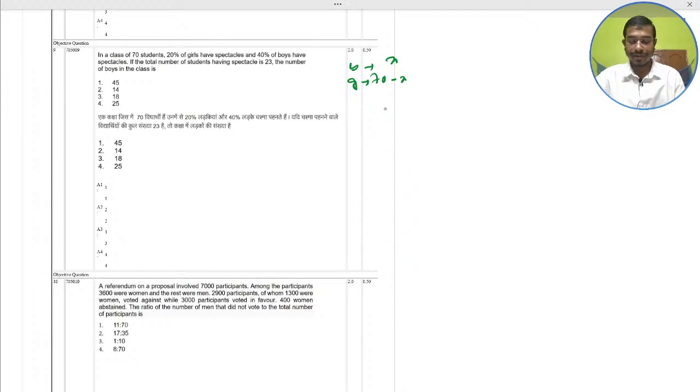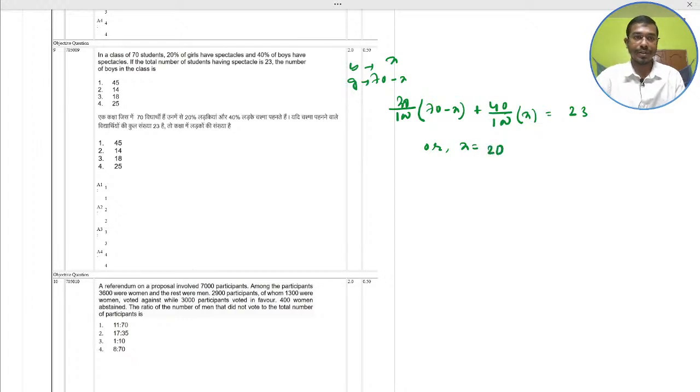So according to the question, 20 by 100 of the girls plus 40 by 100 of the boys is the total of 23. Solving, you will get x as 20.